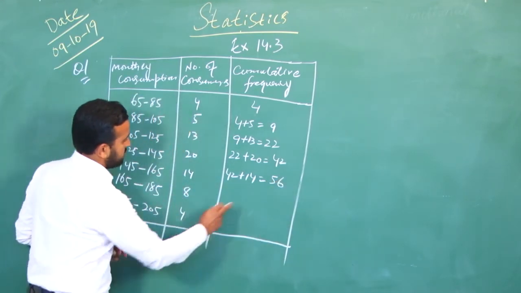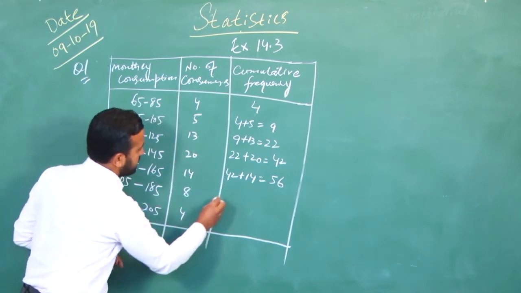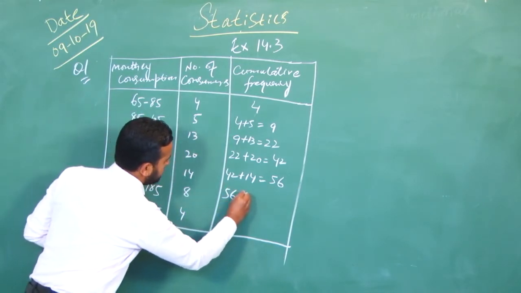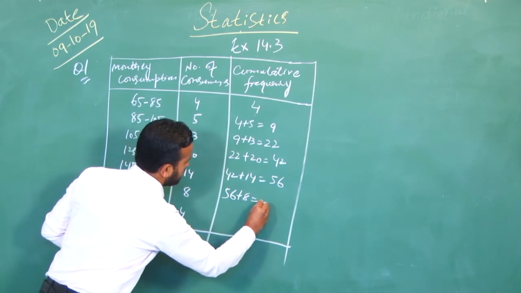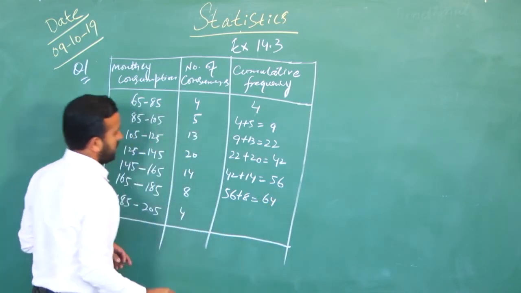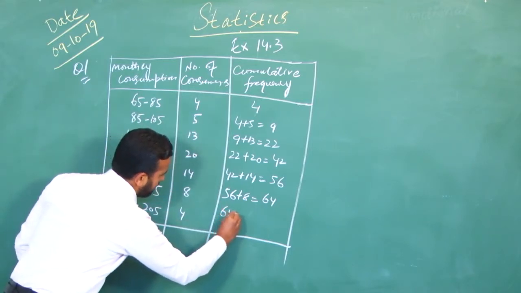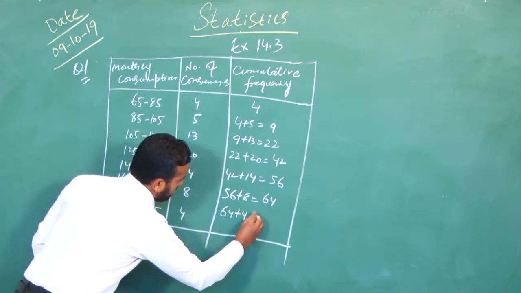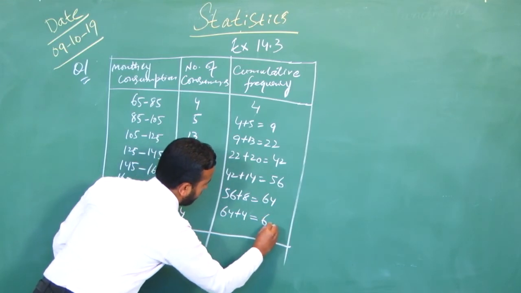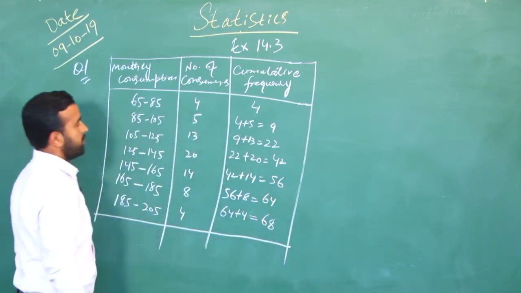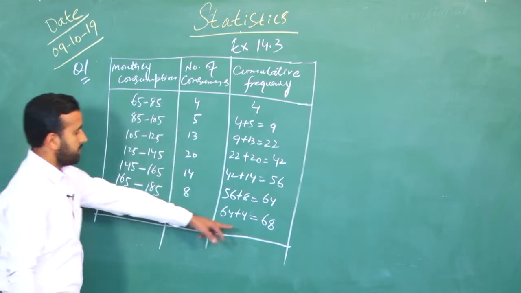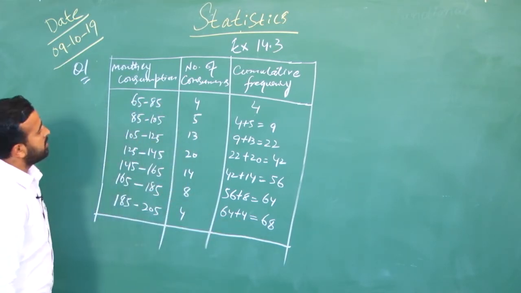Then 56 plus 8 gives 64. And the last, 64 plus 4, gives the total number of consumers, that is 68.